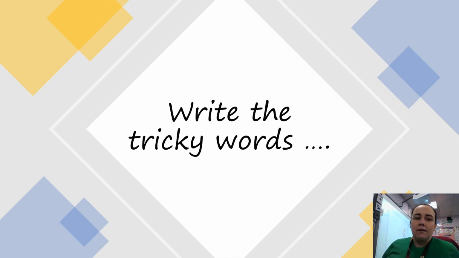Is. Remember, is a high frequency word. It means that we can sound it, but it's better to know it because we see it a lot in sentences. And the next one we're going to write is go. Go. And the last one, I.